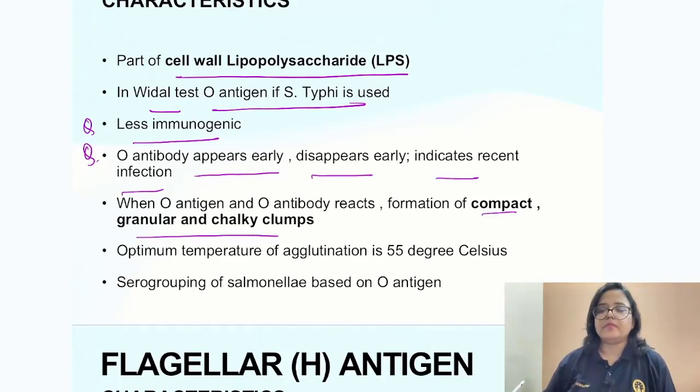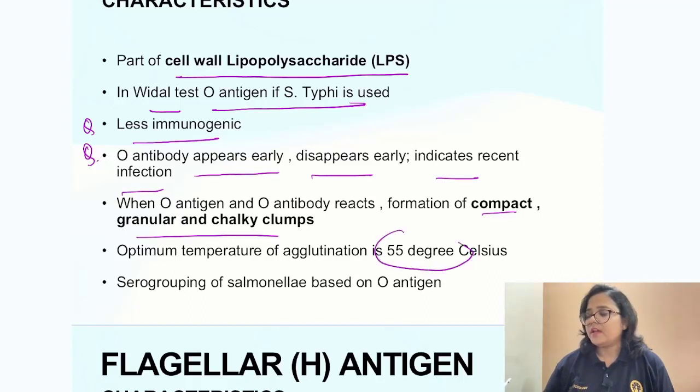This is important for the interpretation of the Vidal test. The optimum temperature of agglutination is 55 degrees Celsius. Serogrouping of Salmonella can be done based on the O antigen.